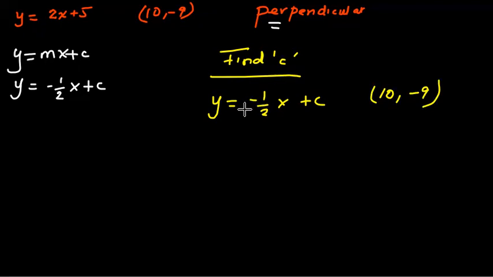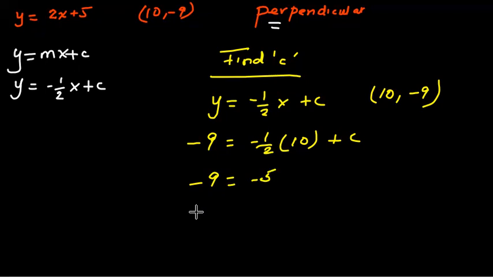And we know it's passing through (10, -9). So that means that when y is -9, x is 10. We're going to work this piece out first. I'm just going to bring down this -9. -1/2 times 10 is -5, plus c.